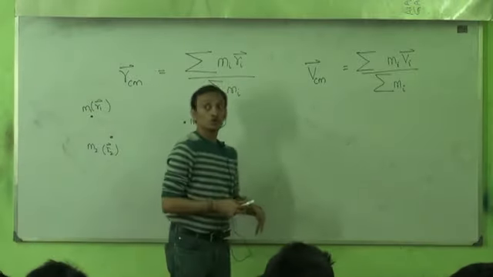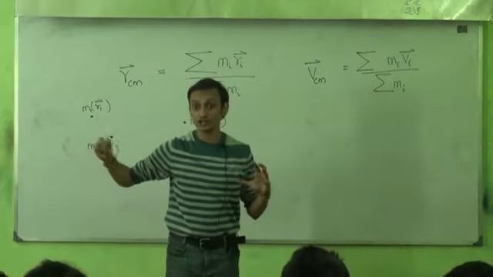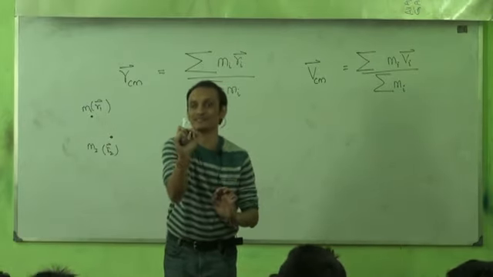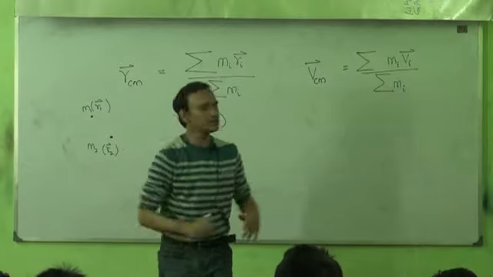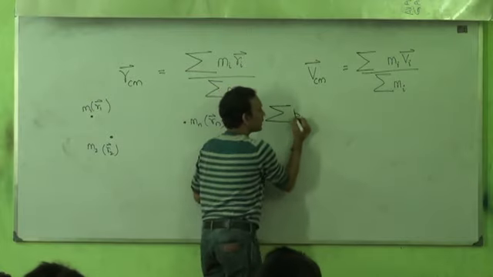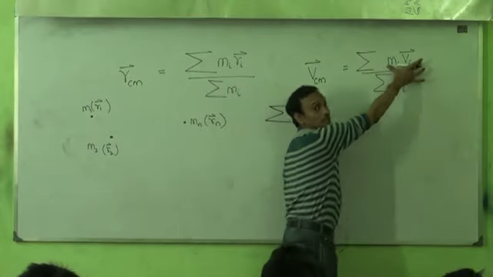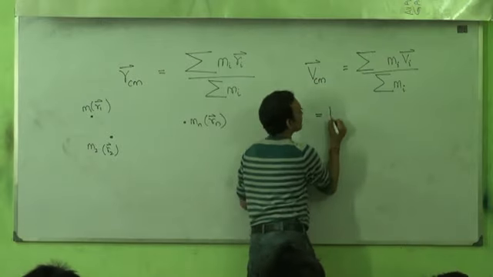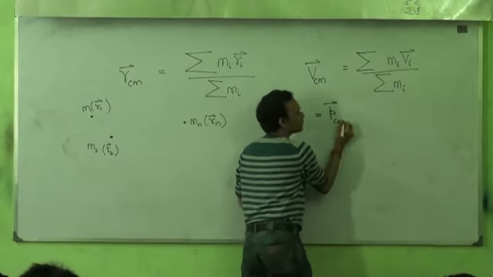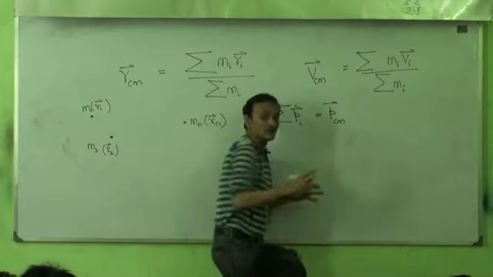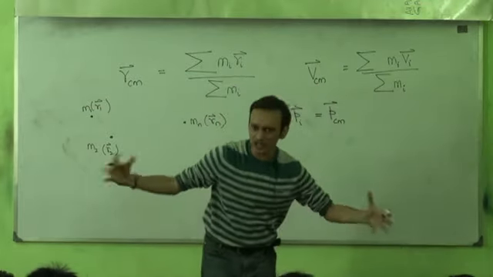In fact, the total linear momentum of this collection is going to be represented by the linear momentum of the center of mass. The total linear momentum of this collection, summation pi, that's going to be the linear momentum of the center of mass particle, which would be VCM into summation mi. The center of mass particle has mass summation mi, right?